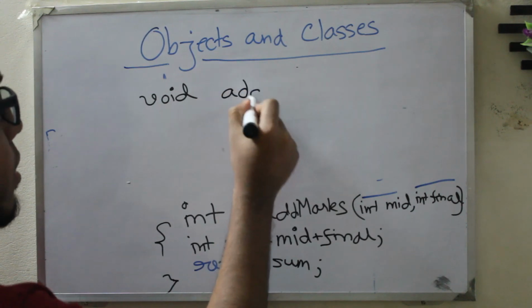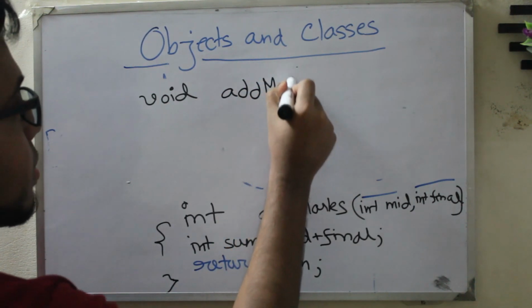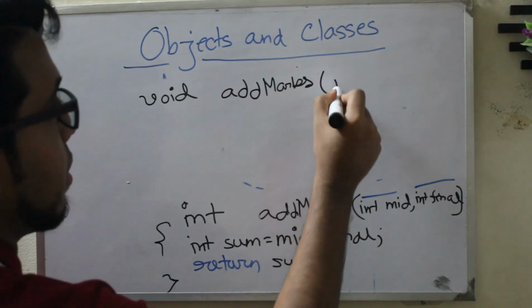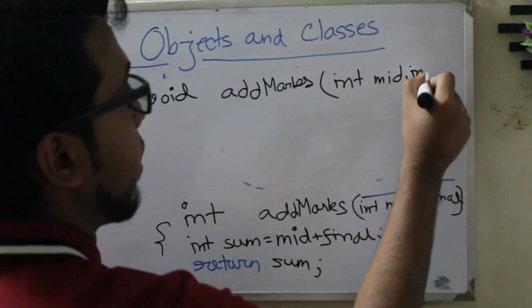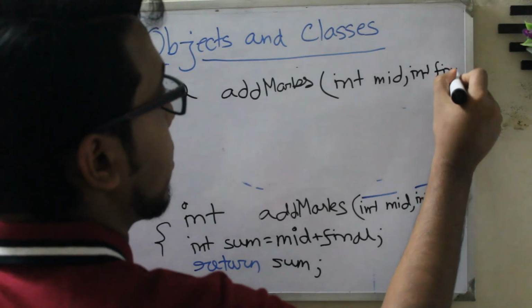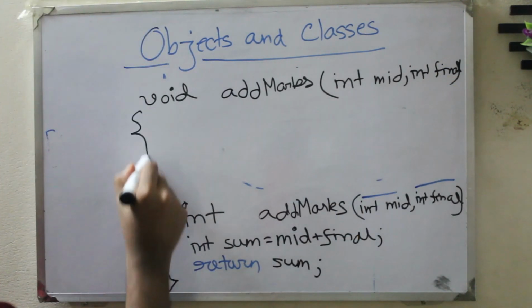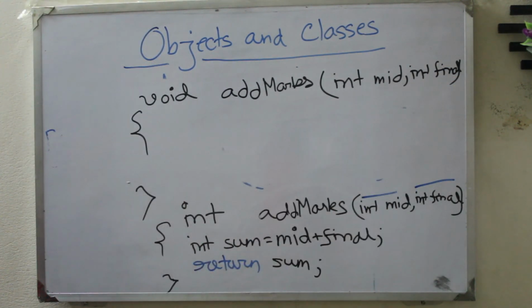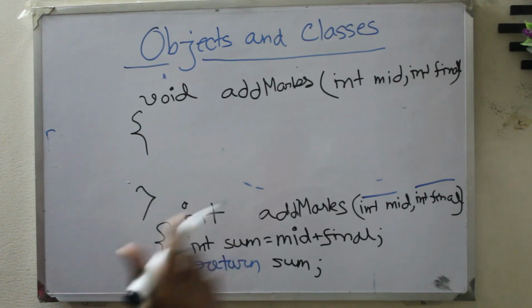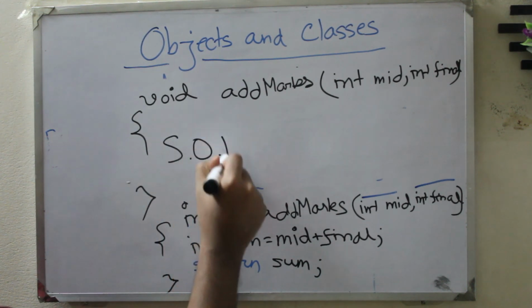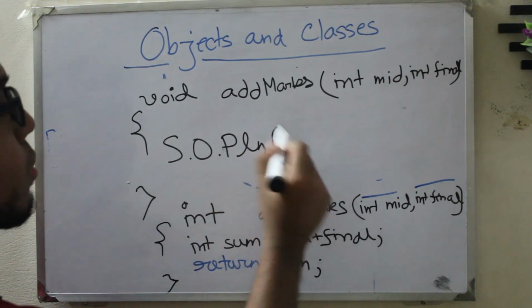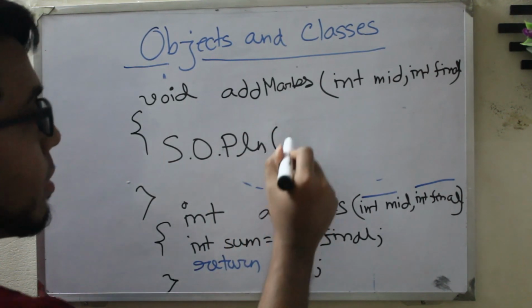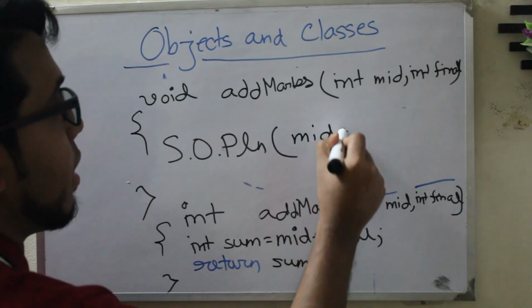So I write void, add marks, which adds the midterm mark and the final mark. Okay? In that case, this method doesn't return anything. This just prints, system.out.println, the total sum of the mid and final marks.